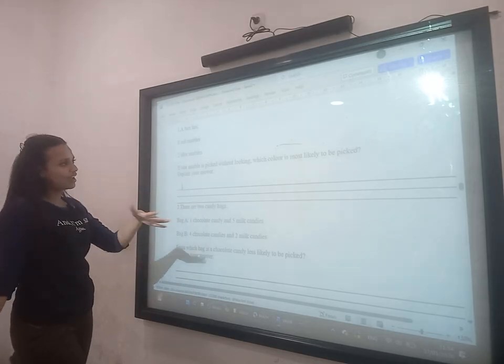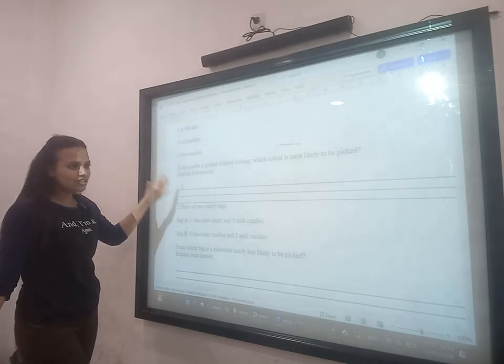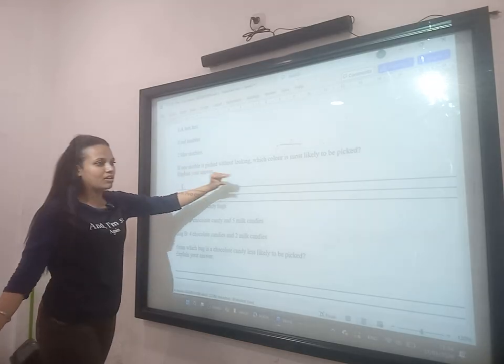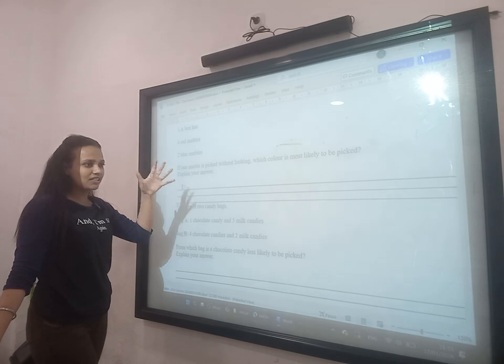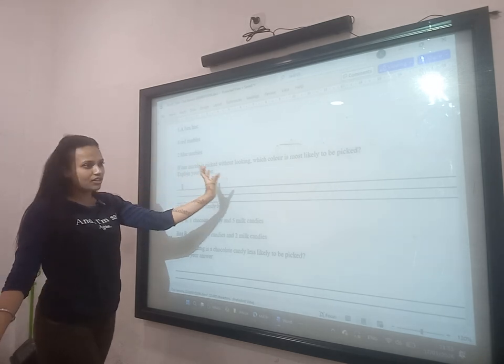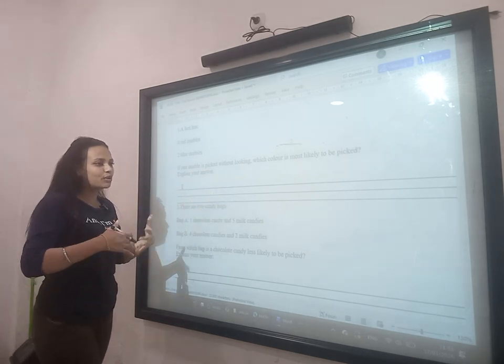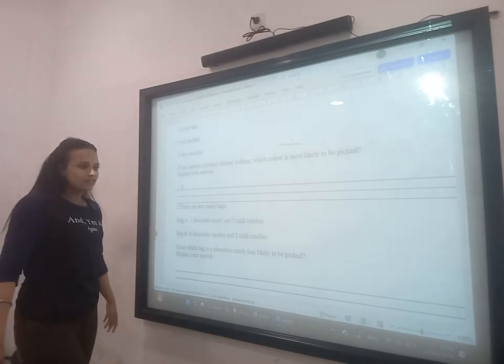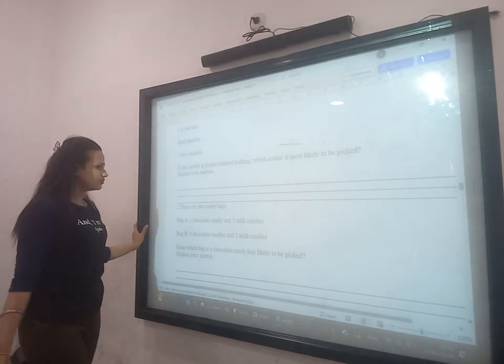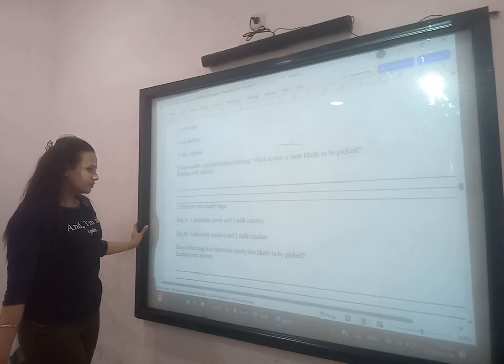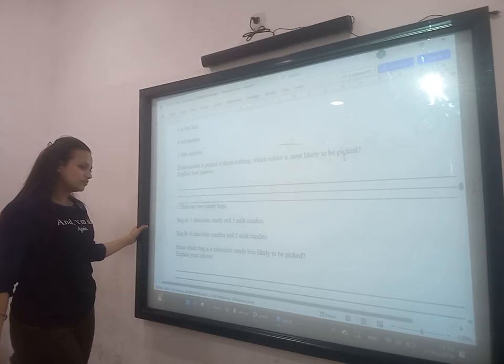Based on the book, we have that question, but they don't mention the words there. They just put it in the middle. So this chance is the same chance. If there are 6 red marbles and 6 blue marbles, and the question is which color is most likely to be picked, there is no color, because they have an even chance.